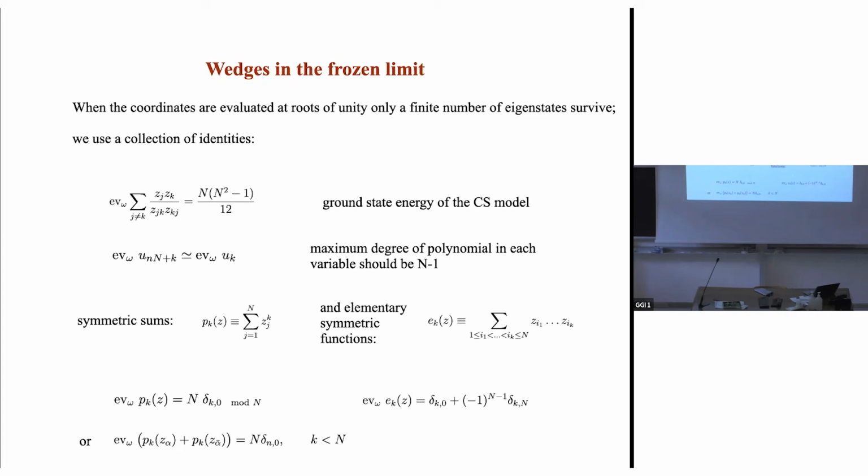And also the elementary symmetric sums vanish almost everywhere, almost for every k. And in particular, this relation here means that if we separate the symmetric sums into two groups of variables, let's say z alpha and complement z alpha, where alpha is a collection of indices, the symmetric sums become one the opposite of the other.